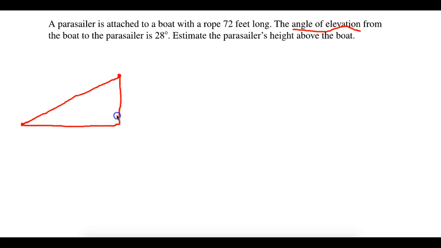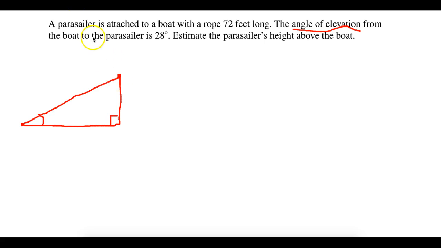Because the ground and a line coming straight up from the ground are perpendicular, this makes a right triangle. So when you're talking about an angle of elevation, that's the angle between the ground and the line formed from you looking up at an object.